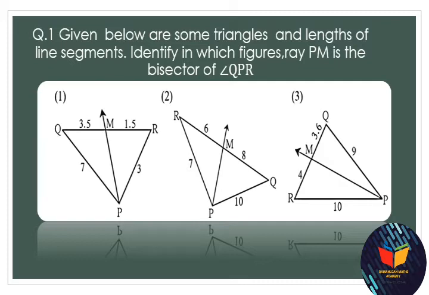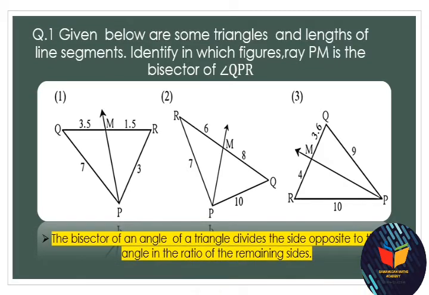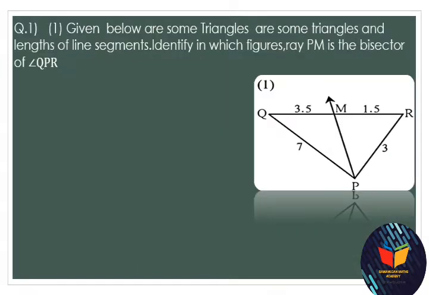This first question is based on the angle bisector theorem, and we know its statement: the bisector of an angle of a triangle divides the side opposite to the angle in the ratio of the remaining sides. So the first question is this. Angle QPR is given and we have to identify whether ray PM is the bisector of angle QPR.